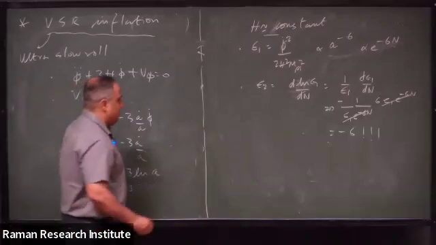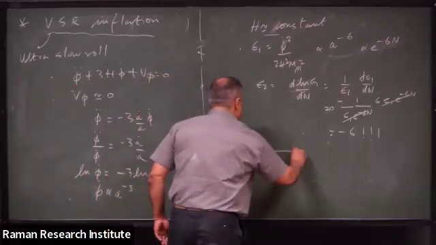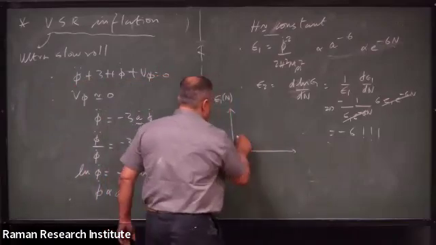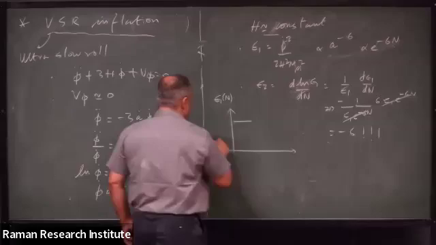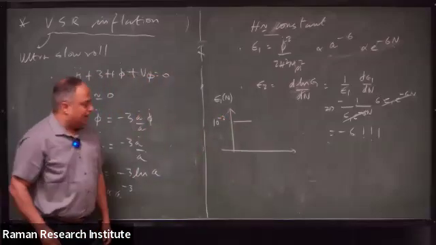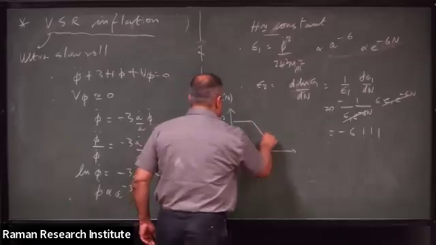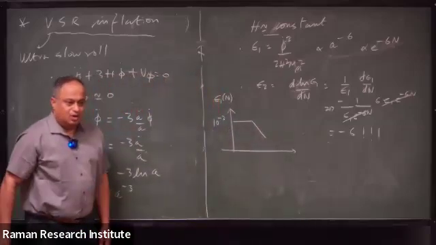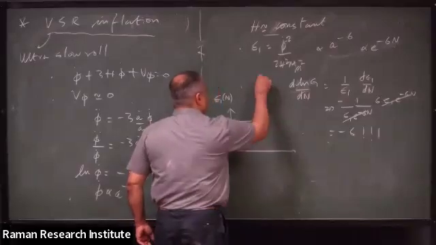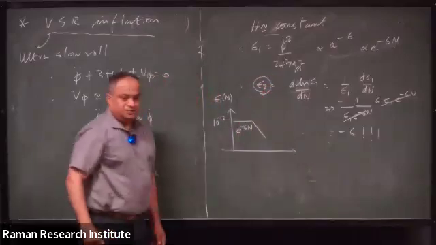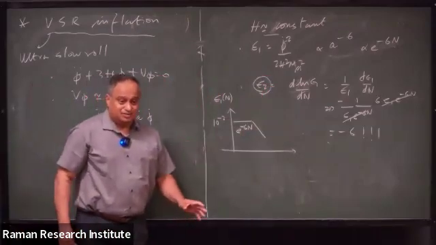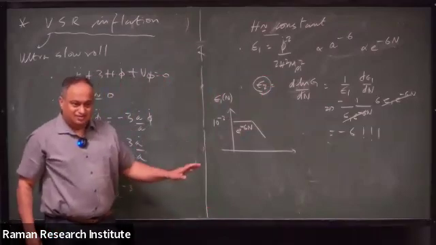So you can think of a situation, what do you have? You have epsilon 1 of N, okay? So epsilon 1 of N remains constant, let us say at 10 to the minus 2 or so, or smaller, okay? And then suddenly epsilon 1 of N goes down, right? How does it go down? It goes like e to the minus 6N. Notice the second slow roll parameter is large, which implies the slow roll approximation is not valid, okay?